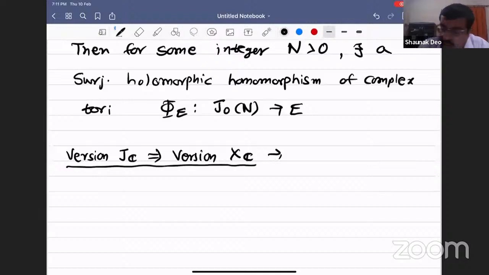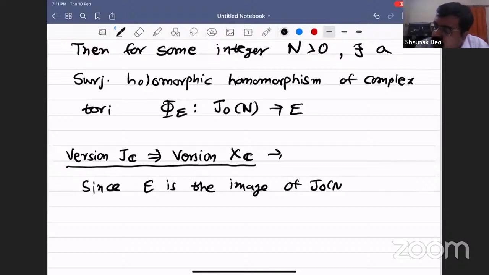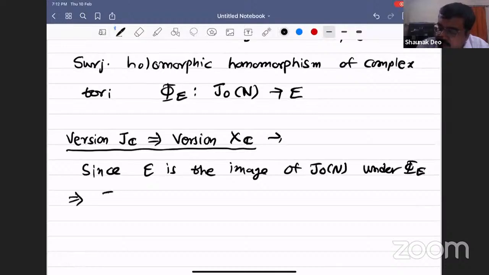For this proof, since E is the image of J_0(n) under phi_E, this means this Jacobian itself is non-trivial.